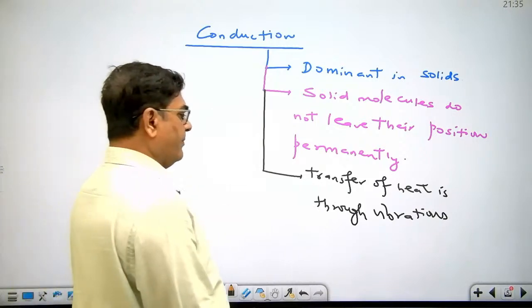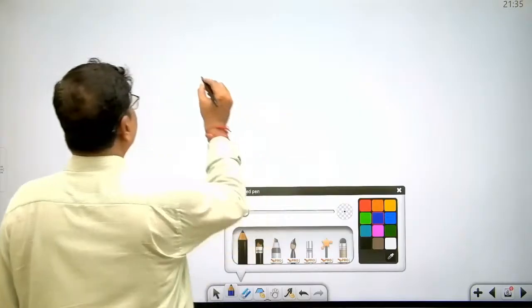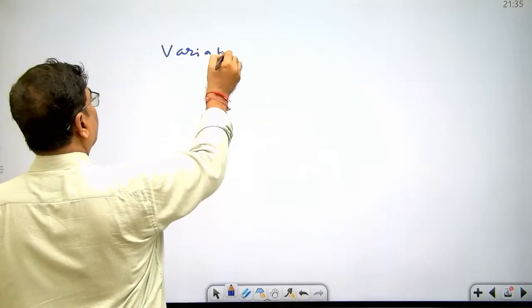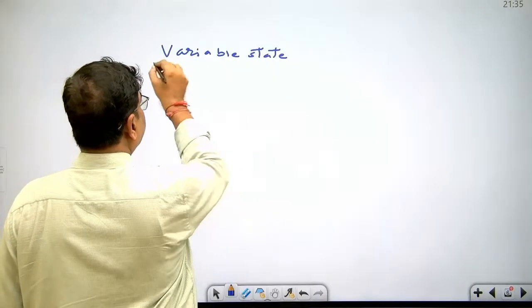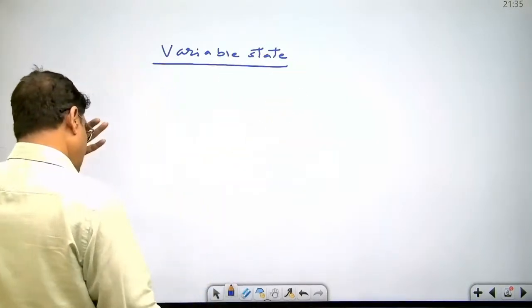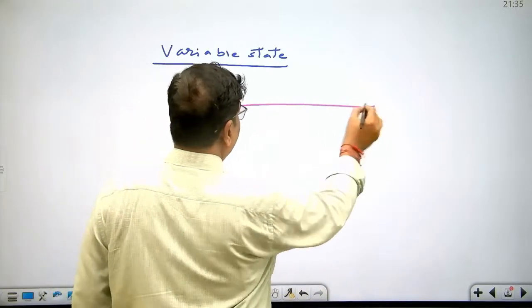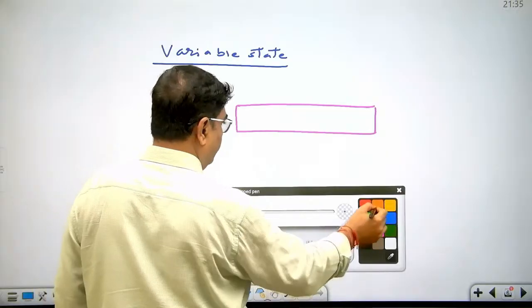Here few terms are important. First is variable state. What is variable state? Let's take a case of a rod to which heat is being supplied.